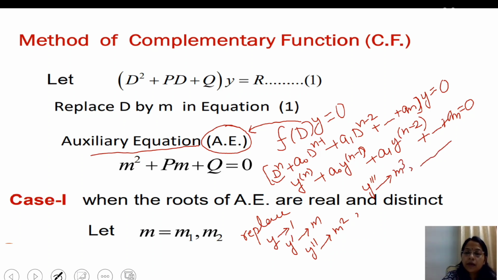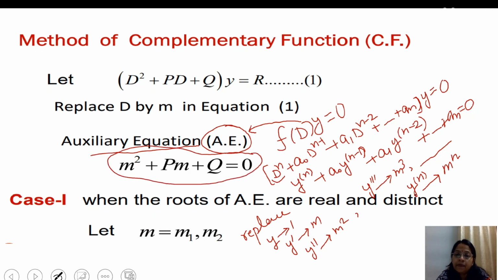Similarly, the nth derivative of y would be replaced by m raised to the power n. Got it? In this way, these replacements will provide us an auxiliary equation in terms of small m.